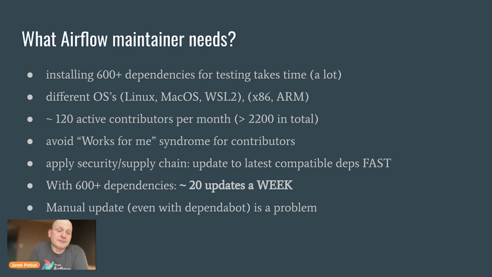So upgrading all this manually and trying to tell people, okay, please upgrade because there is a new version, is completely out of the question. Even Dependabot is out of the question, because if you know Dependabot, it brings PRs automatically to your GitHub projects where you can update new dependencies whenever they appear. But we have 20 updates a week. This means 20 more PRs to review, to take a look at, to merge, to run the tests.